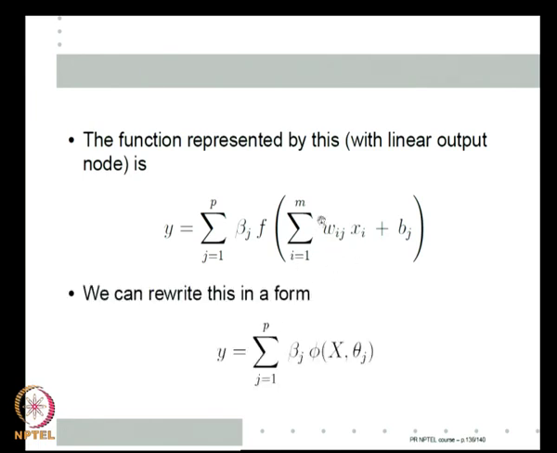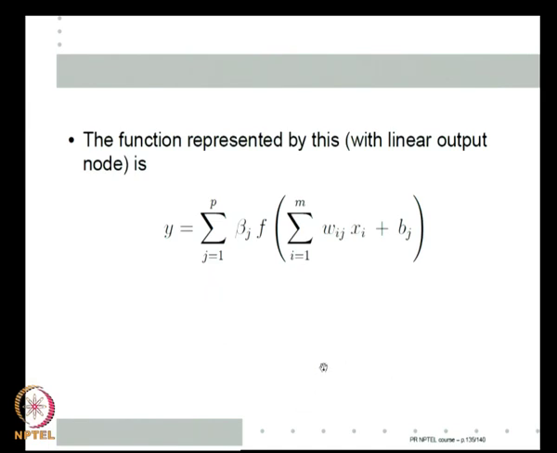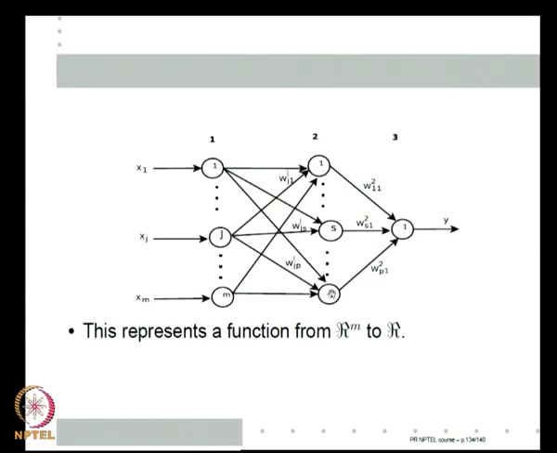I can rewrite this as some phi of x, the input vector, comma theta j, where theta j subsumes all w_ij's, b_j's, everything. So, this is some function phi, which is a function of x and some parameters, and the parameters are specific to each of the hidden nodes, each of the j's, right.